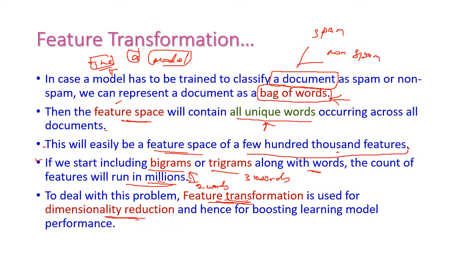That is, we need to reduce the number of features so that we can implement the learning algorithm on that document. The document features should be very much reduced, then only the learning algorithm will produce a better result.